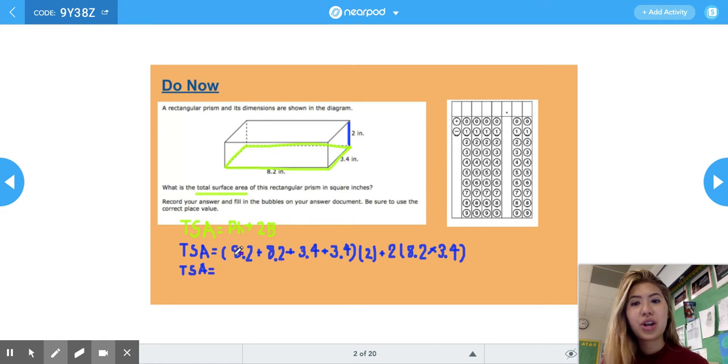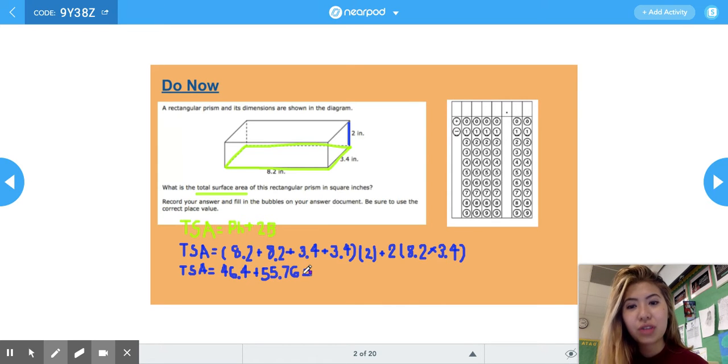So if I add together 8.2 plus 8.2 plus 3.4 plus 3.4, I get 46.4. Then if I multiply 8.2 times 3.4 and then multiply that value by 2, I get 55.76.